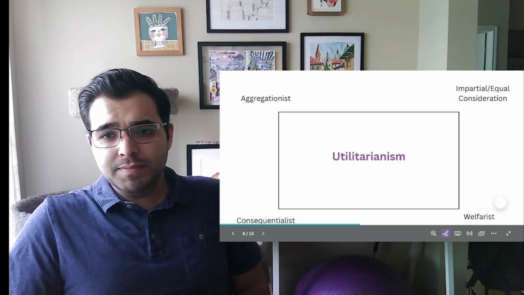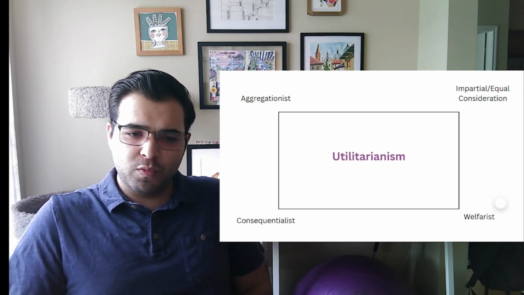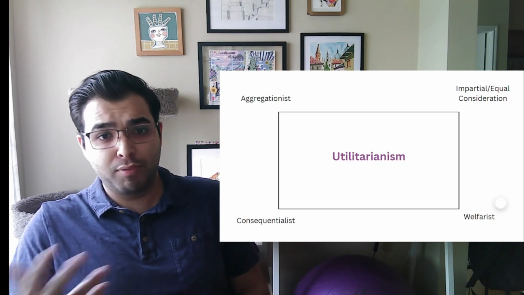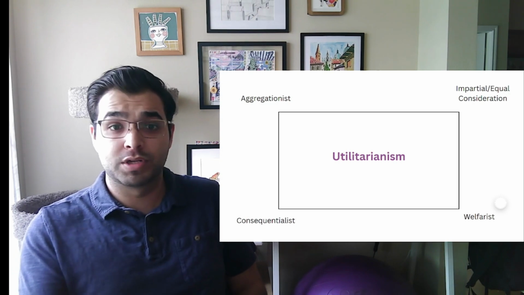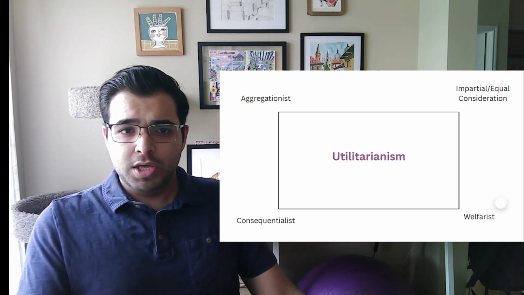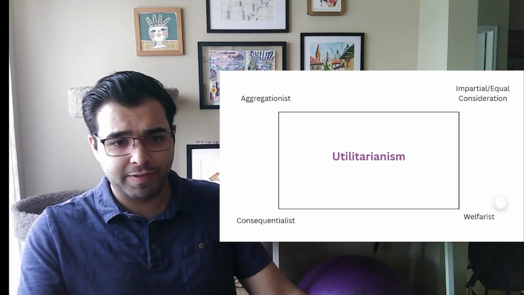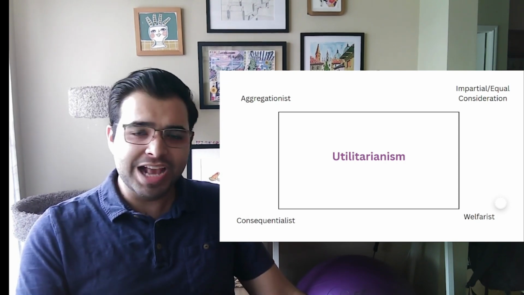So utilitarianism is a welfarist theory, meaning that it concerns itself with what is good for people. This is very different than a profit-based consequentialist theory, which is concerned with what is best for profit. This is a welfarist theory, concerned with what is best for welfare. Utilitarians typically have a very specific conception of welfare, which is hedonism.